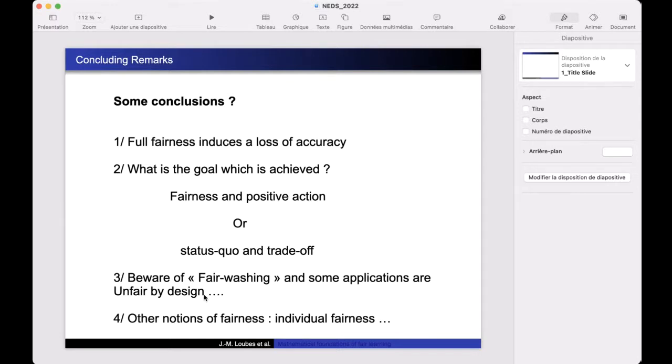For instance, I've seen applications where people wanted to forecast if children aged 6 were going to commit crimes when they're grown up. And even if you put in a fairness penalty, I'm quite convinced this kind of application is completely unfair by design, even if you try to put in any fairness penalty you could design.